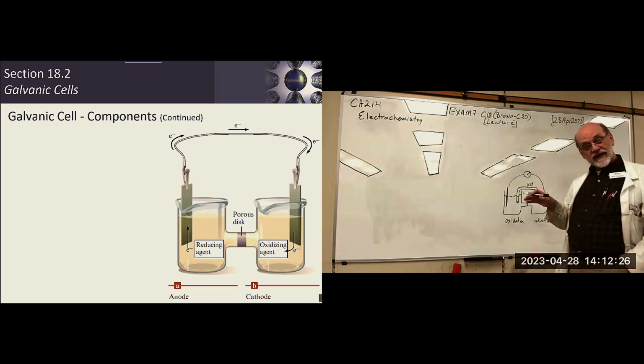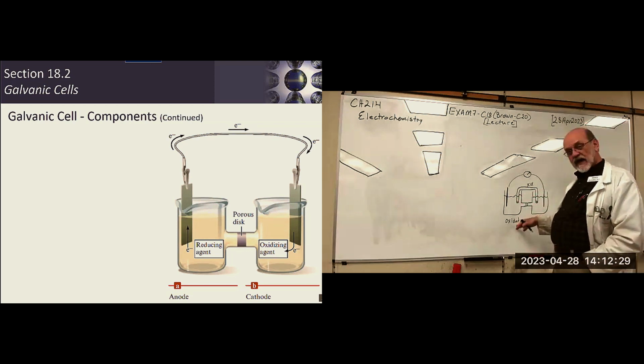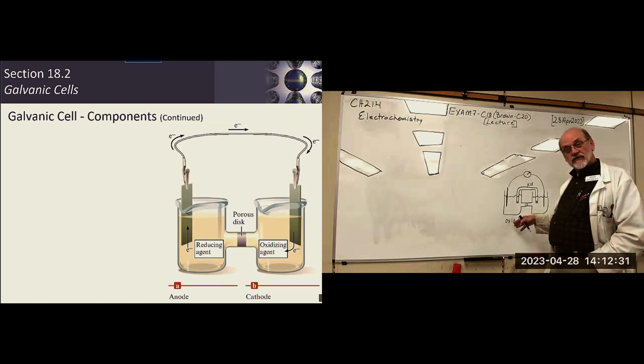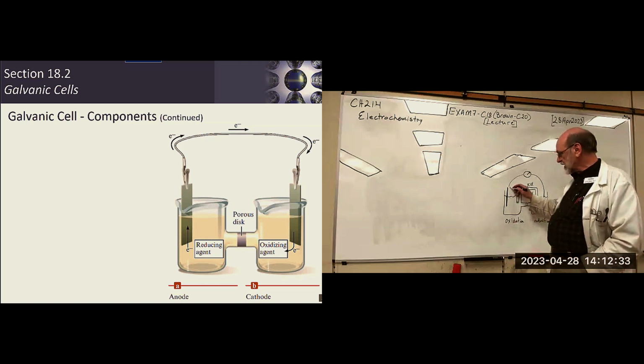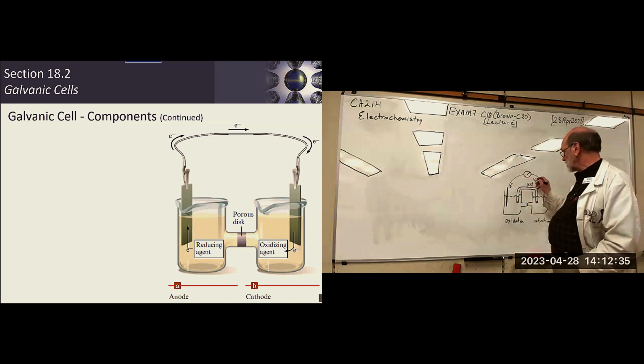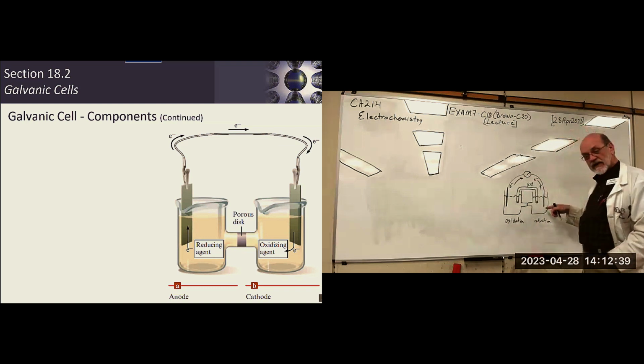So, which way do the electrons move? Well, for the oxidation step, you have to lose electrons. So the electrons enter the electrode and travel this direction. Then when they get over here, they're added into the reduction step, and they add to something on this side.